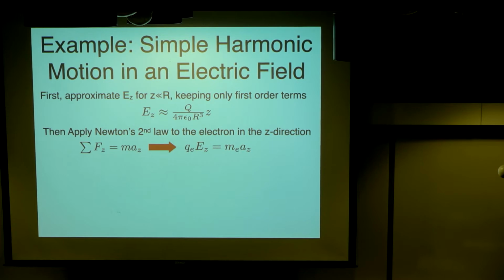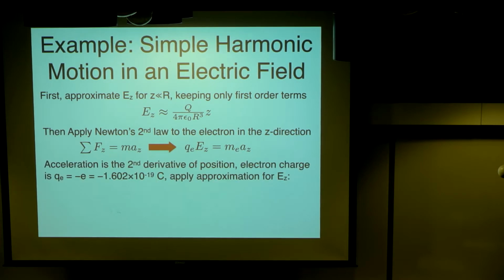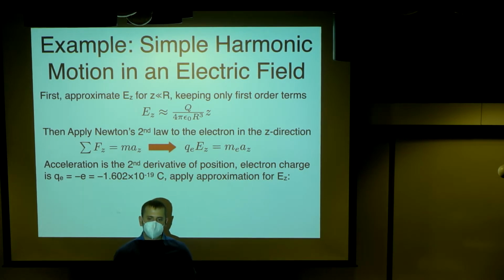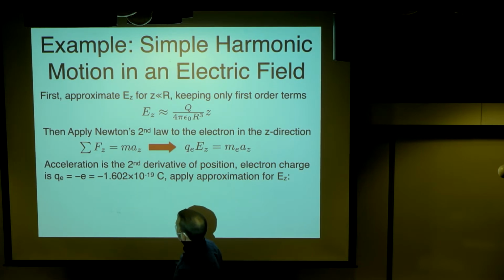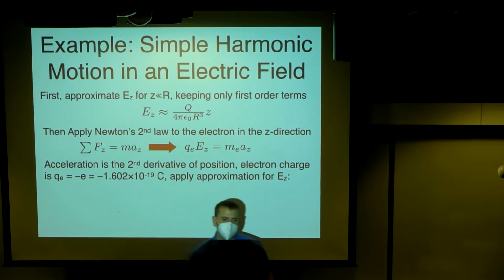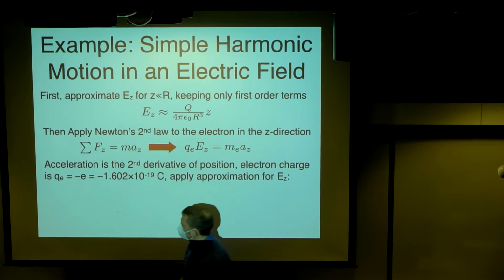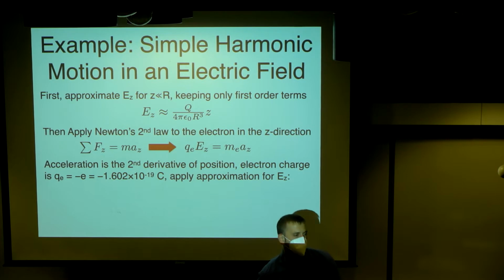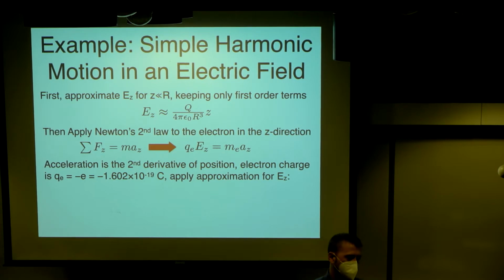Okay, what's the charge on an electron? We can write this, if we want, as QE equals minus the elementary charge. Remember, the elementary charge is 1.602 times 10 to the minus 19 coulombs, but the electron carries the negative sign. I also want you to remember what acceleration means, right?